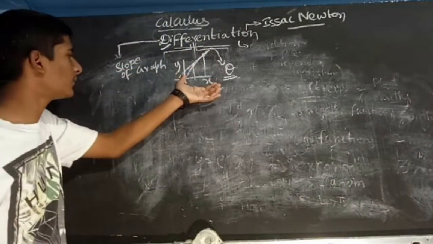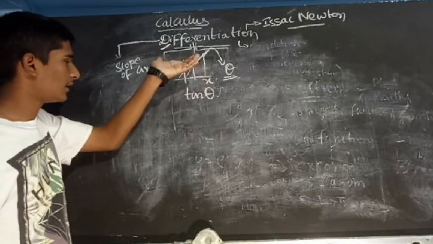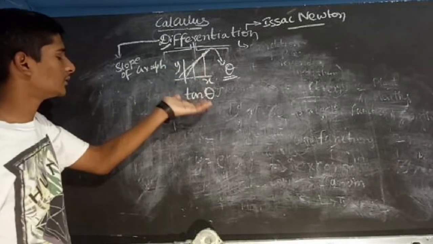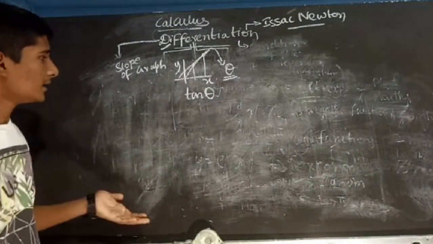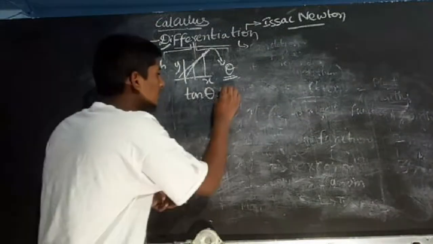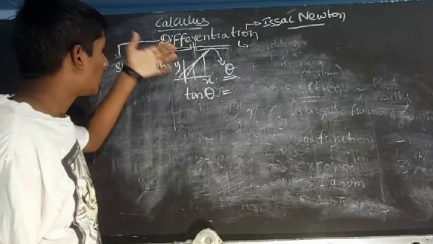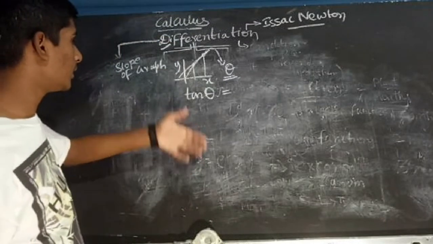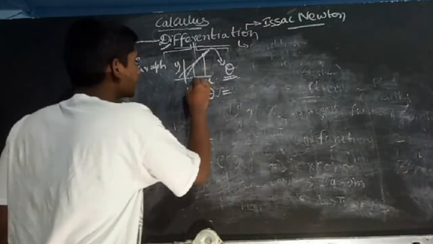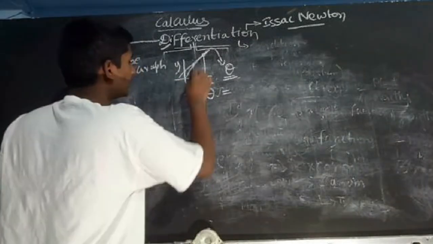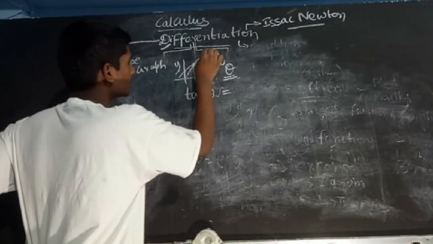This is the graph I took, and I drew a straight line, and I found out the slope, that is called tan theta. In differentiation we are going to know the slope of the x-axis and y-axis. We have two data points, and we have joined them like this.